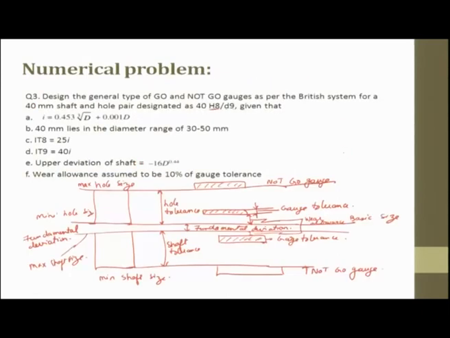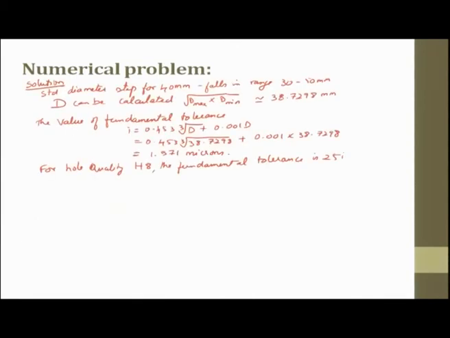If you go back, 8 is 25i, which is given in the formula. So, it is 25i, equal to 25 into 1.571, which is nothing but 39.275 microns, or it can be said as 0.039 millimeter.